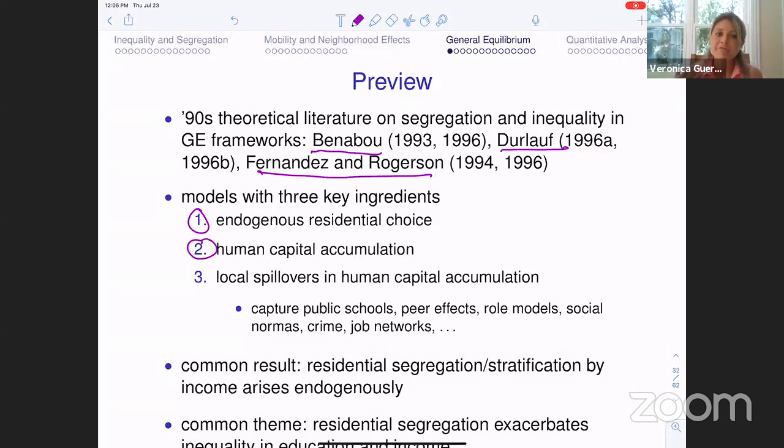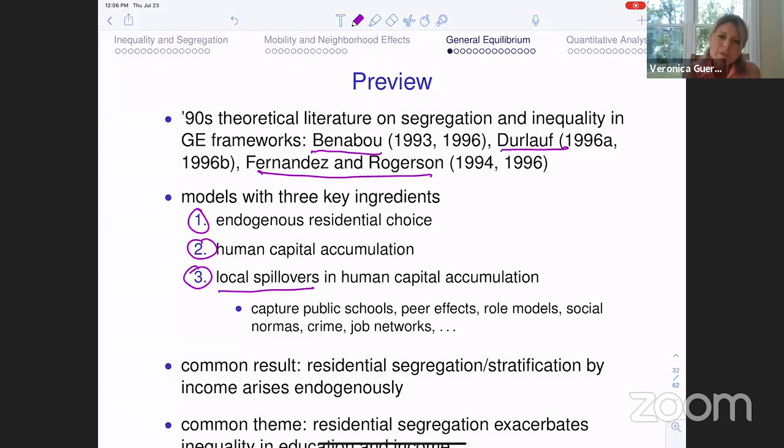Two, there is some form of human capital accumulation, which is important to think about the endogenous effect of a neighborhood spillover on your education accumulation, and so on your future income if you are a kid. And three, there is some form of local spillovers. So some dimension in which living in a neighborhood is good for future income, which is what basically Chetty et al. argue with their measurement.